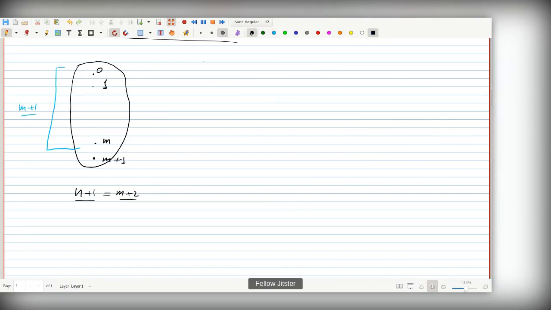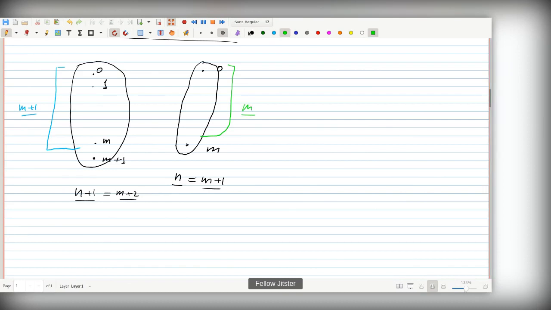And everything here is allegedly injectively mapped or embedded into m plus 1 underlined, where we have all the elements from 0 up to m, and this part, excluding our last point, is just m underlined.